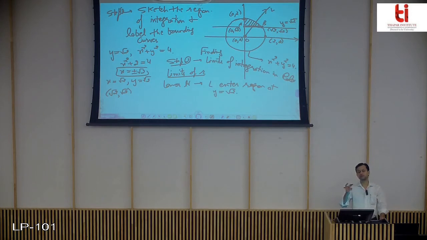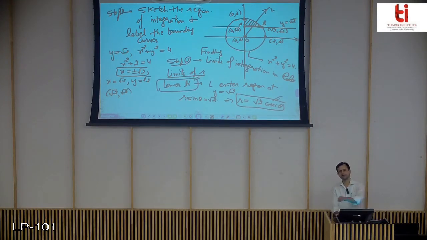So changing it into polar, y equals r sine theta, which implies r equals under root 2 cosecant theta. Yes, so this is the lower limit of r. Everything is the same as Cartesian; just in the final step you change into polar.